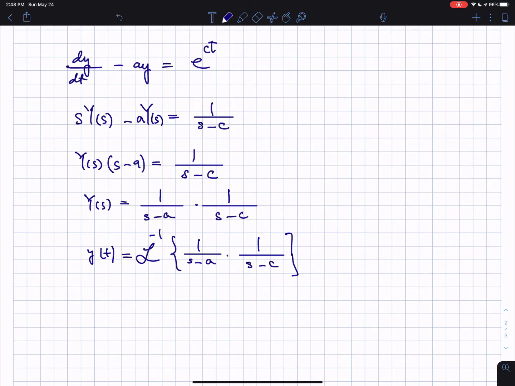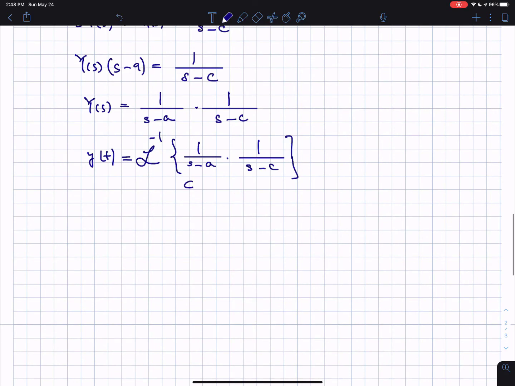So we're going to look at 1 over s minus a as my g of s, and 1 over s minus c as my f of s. Now, we all know that 1 over s minus a is the Laplace transform of e to the at, and we know that f of s, which is 1 over s minus c, has Laplace inverse e to the ct.